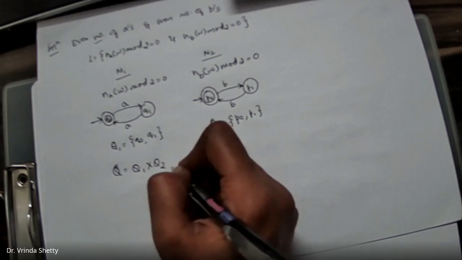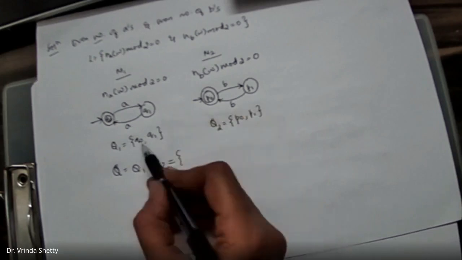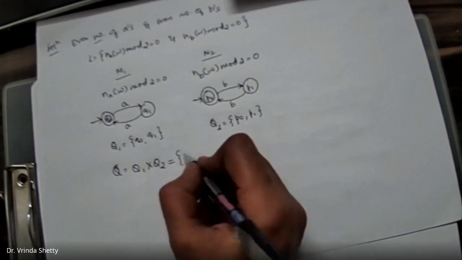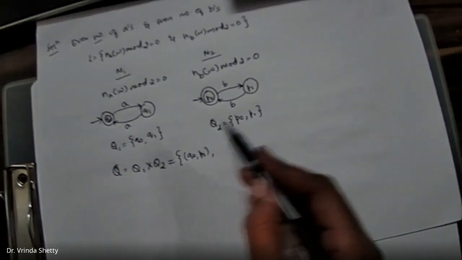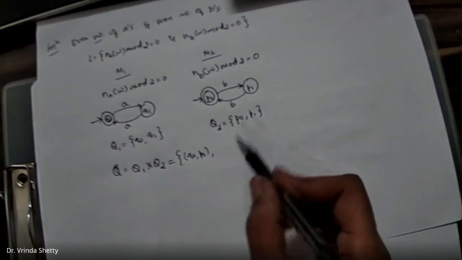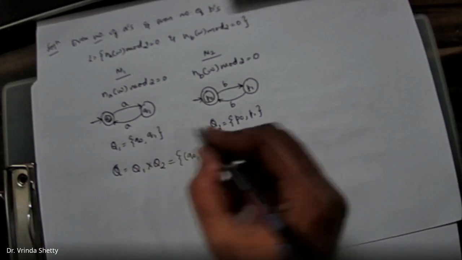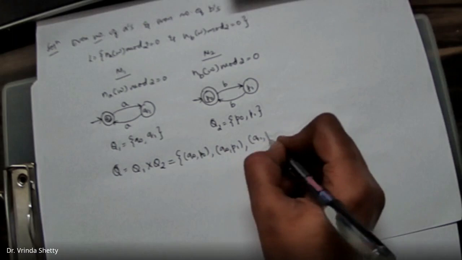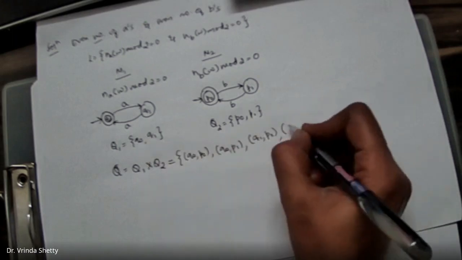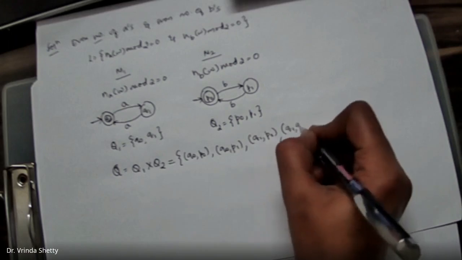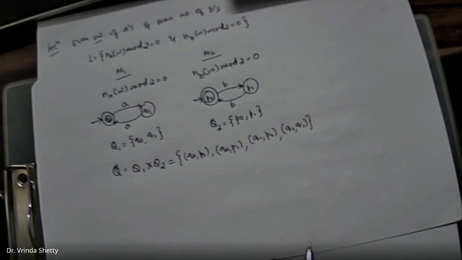That is Q = {Q0P0, Q0P1, Q1P0, Q1P1}. So we have taken the cross product of all the states.